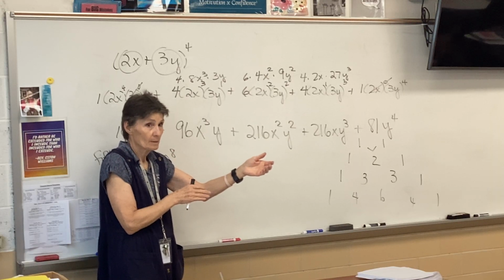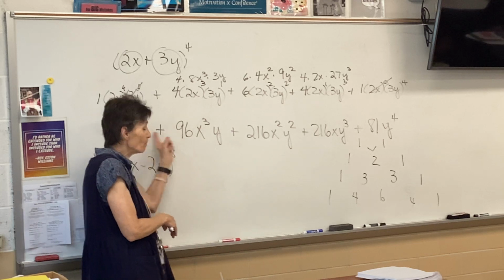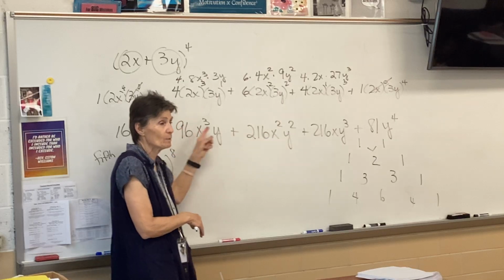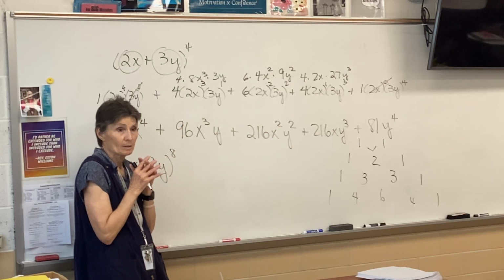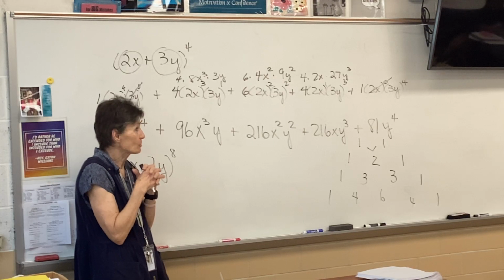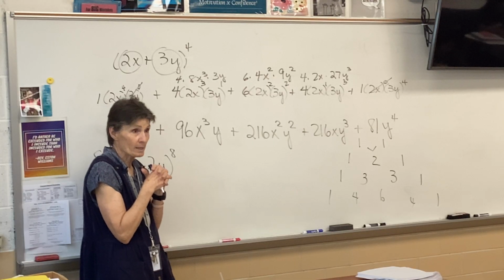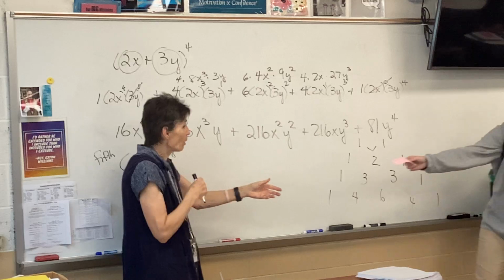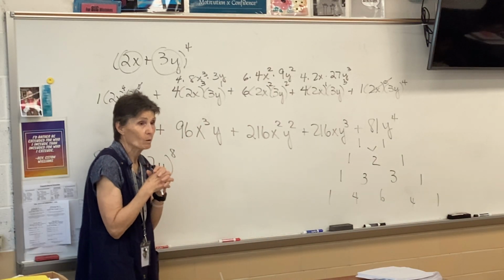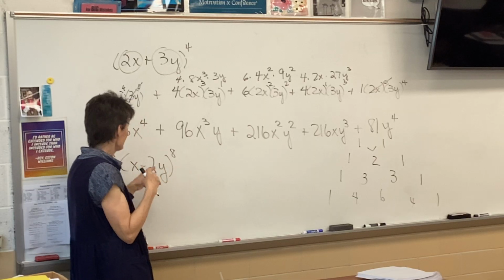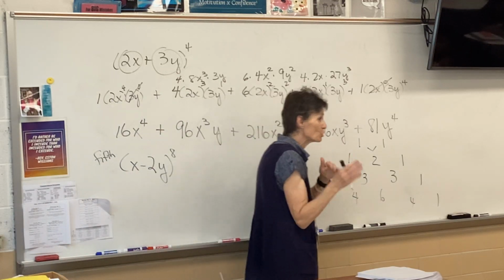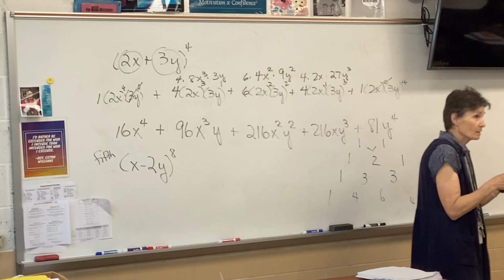So think about how you built all these. What was the very first thing we did when we built this? We wrote down the numbers in Pascal's triangle. We were lucky in that problem because it was only to the 4th power. This one is to the 8th power, so you have a choice to make.